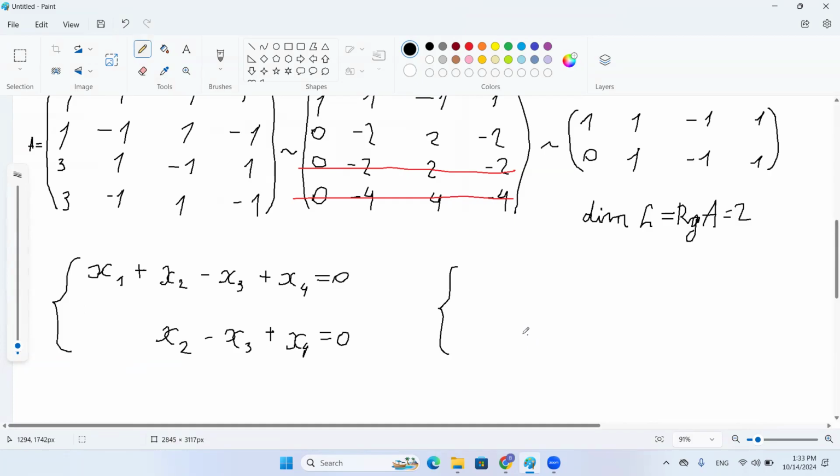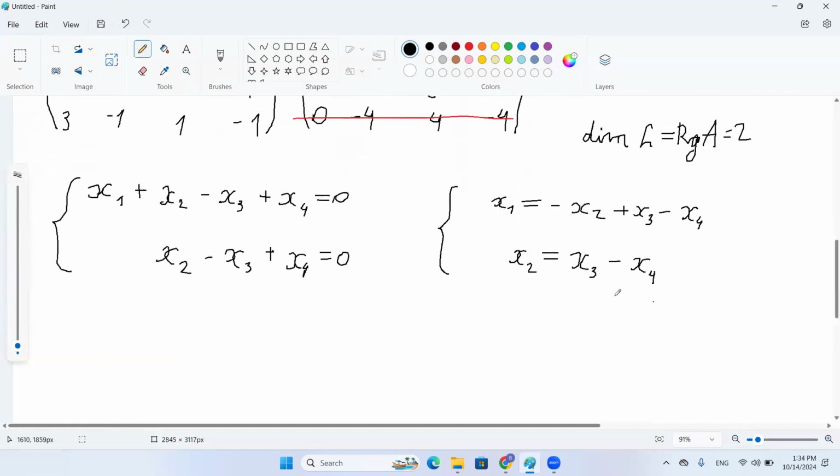So x2 equals x3 minus x4, and x1 equals minus x2 plus x3 minus x4. So minus, plus, minus. Okay, signs are correct.